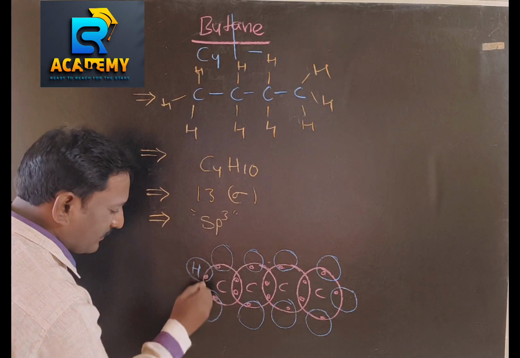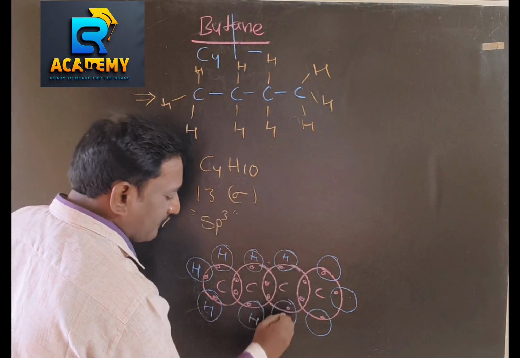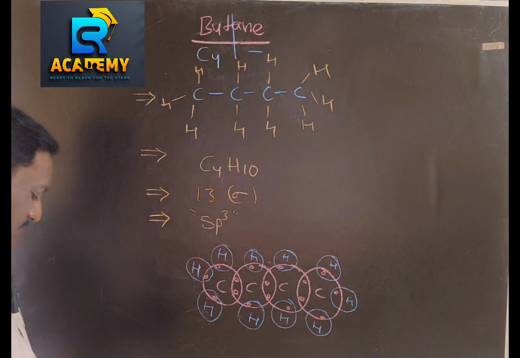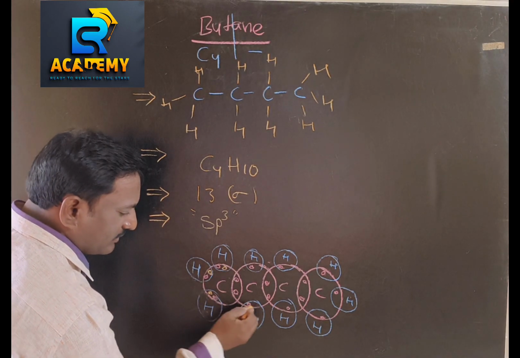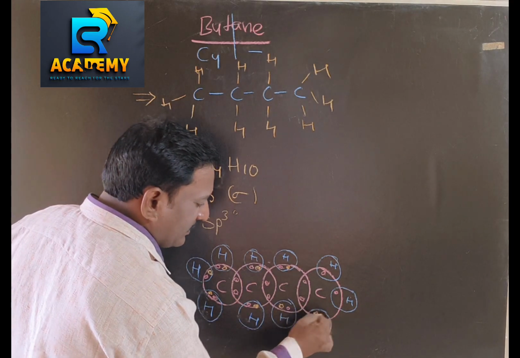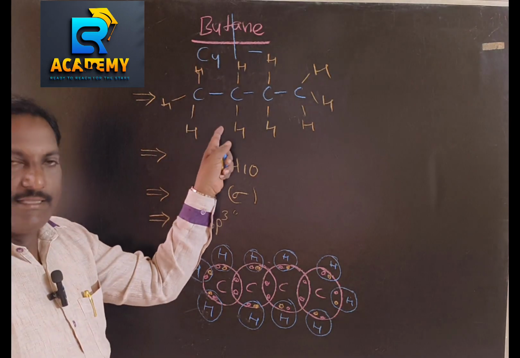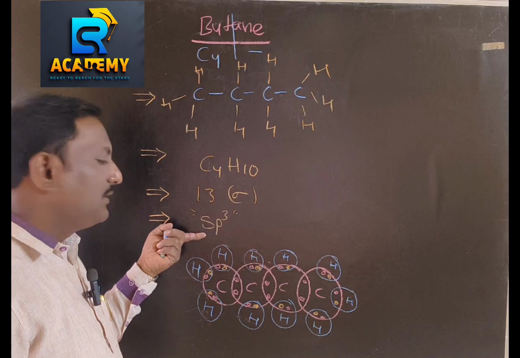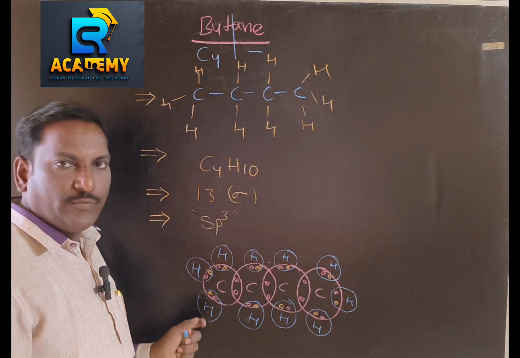Hydrogen H dot, H dot, H dot, H dot. So butane: detailed structure, chemical formula of butane, number of covalent bonds in butane, nature of the hybridization of carbon in butane, and electron dot structure of butane.